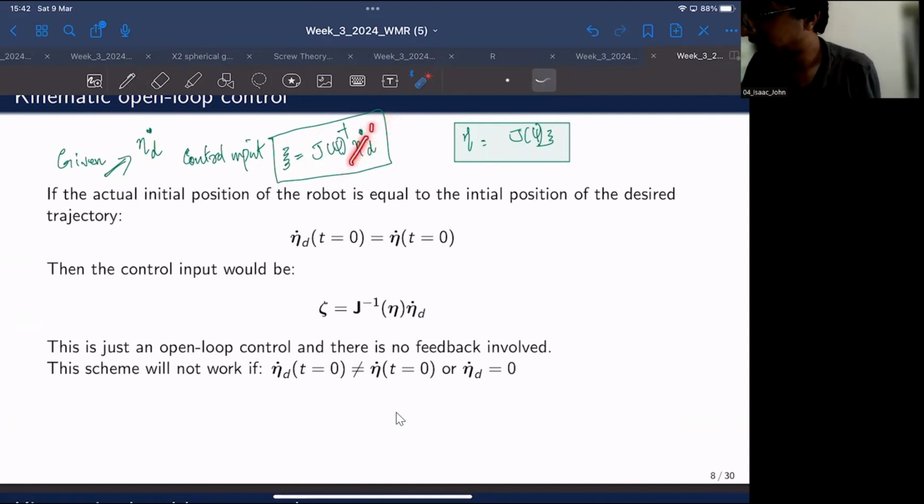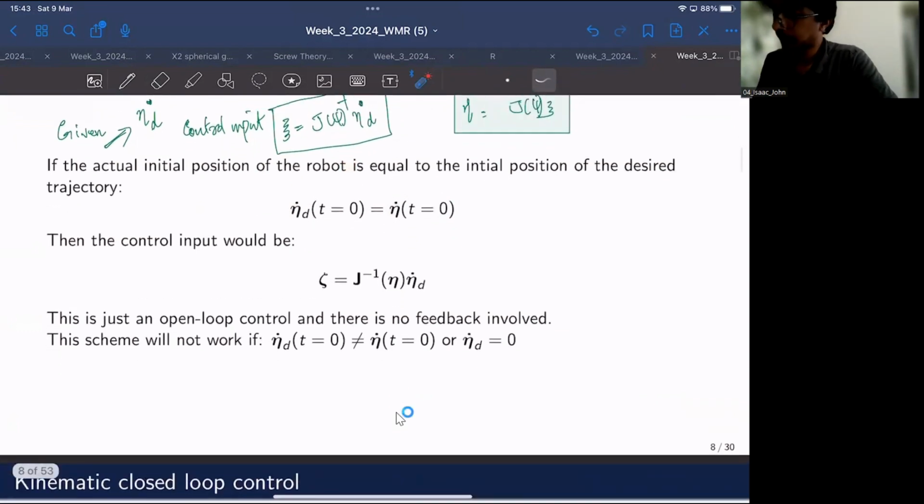And if eta desired dot is 0, then the control input would also be 0. So in that regard, when the desired velocity coordinates are 0, you cannot use this controller because it will fail. And another reason would be if the initial condition of the desired trajectory and the initial condition of the actual trajectory are matching, then only this control law would work.